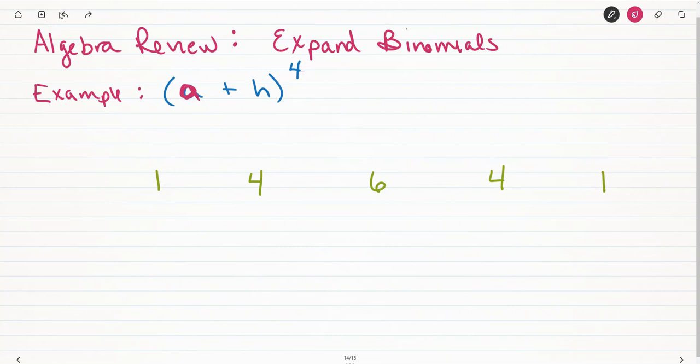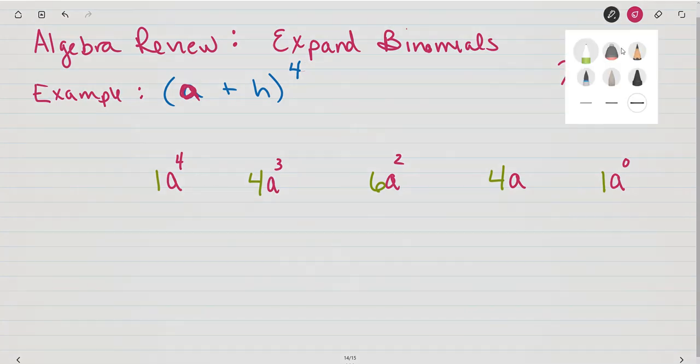So I'm going to start with a4, a3, a2, a to the 1 is just a. I'll go ahead and write this a to the 0, but anything to the 0 power just equals 1. So this a to the 0 is just going to be a 1.